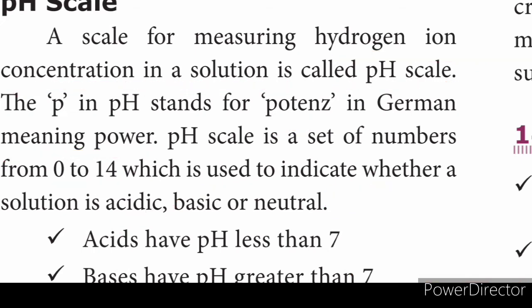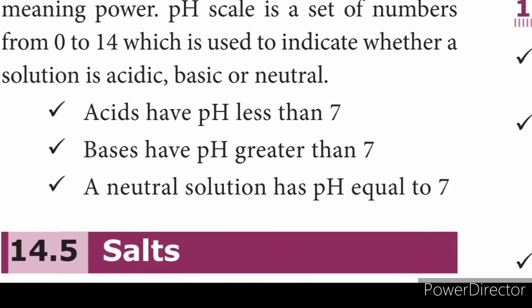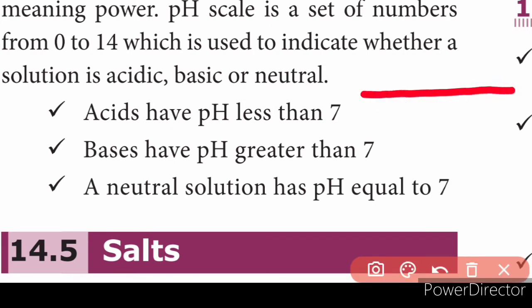So by using this pH scale, you can tell whether the given solution is an acid, base or neutral. Acids have pH less than 7. You will have a straight line like this, 0 to 7, 7 to 14. The scale will have readings like this.